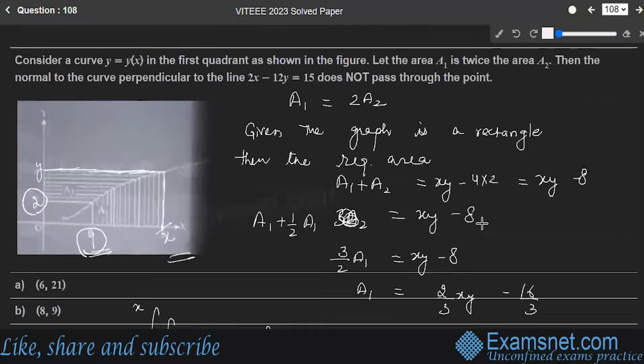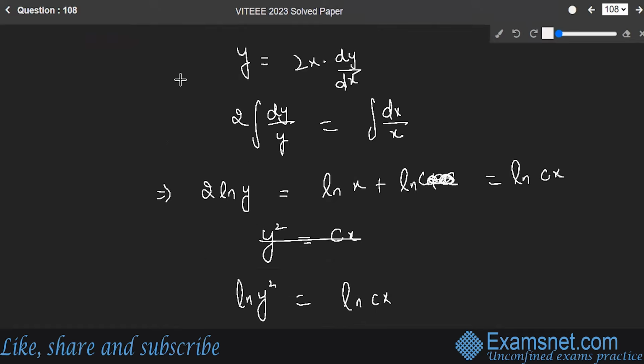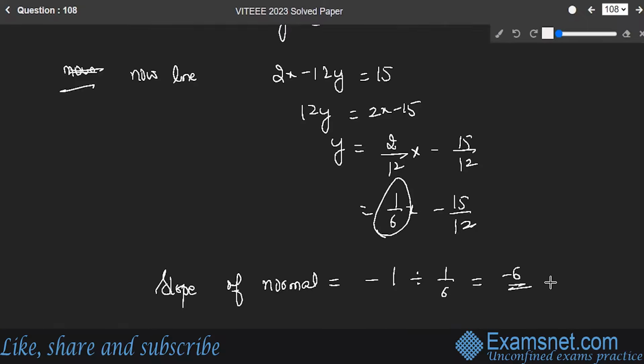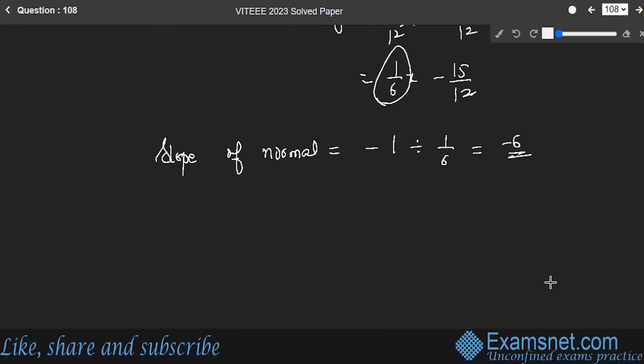Now, this line and the normal are perpendicular. So the slope of the line is 1 by 6, and the slope of the normal will be given by minus 1 divided by 1 by 6, which is equal to minus 6.